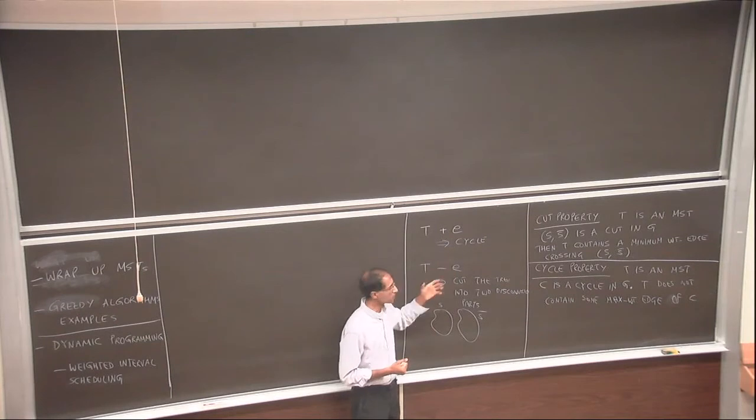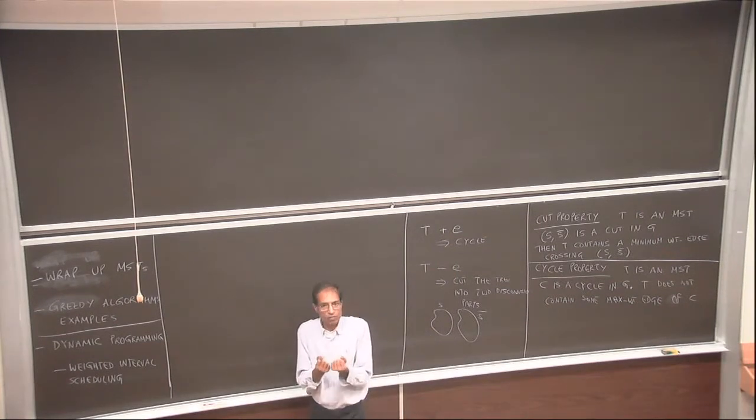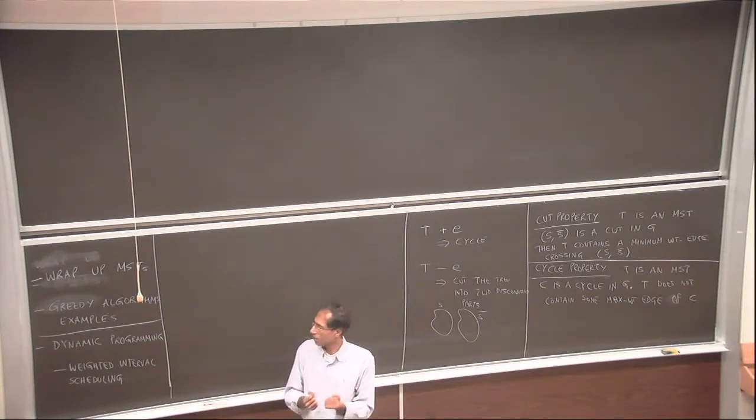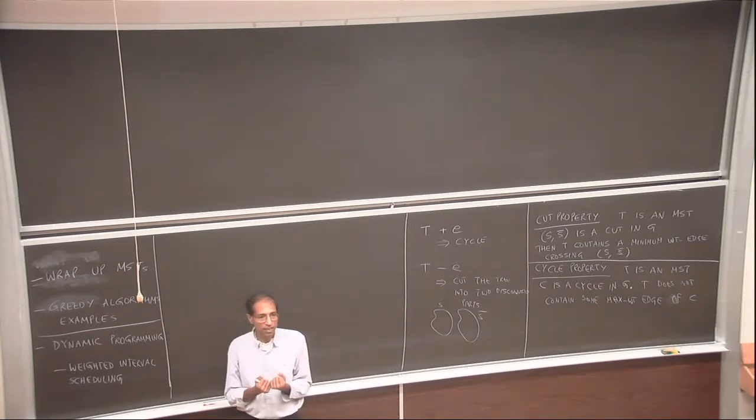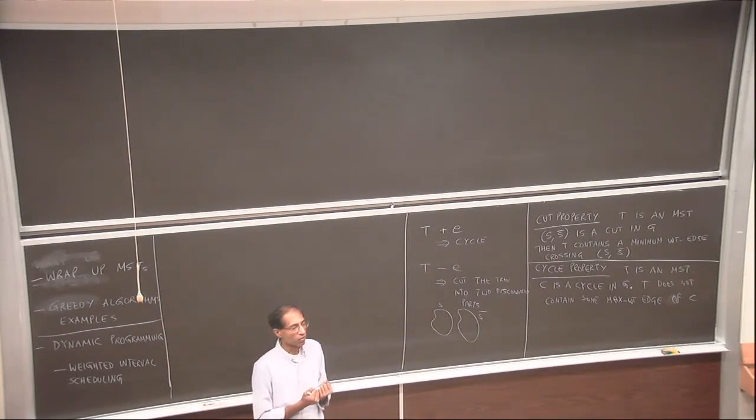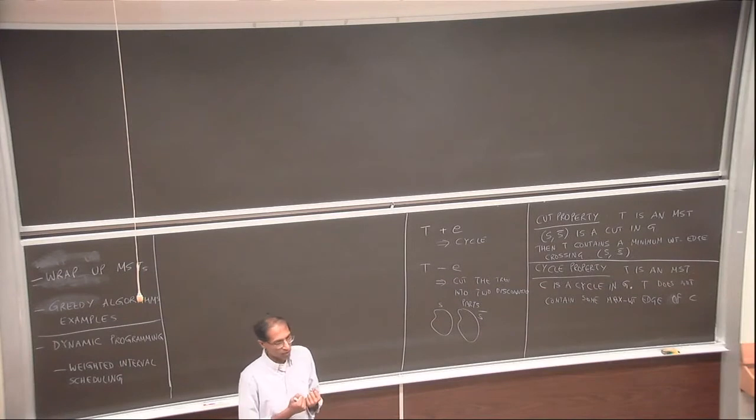All of these arguments about adding and removing edges are exchange arguments we are making repeatedly for many problems with greedy algorithms. If you are asked to prove that the minimum spanning tree has a certain structure, you say, if you give me a minimum spanning tree that does not have the structure, I will try to enforce the structure by adding and deleting something.